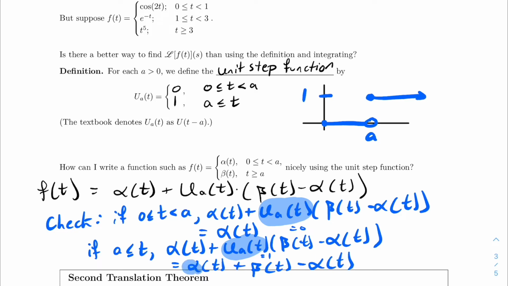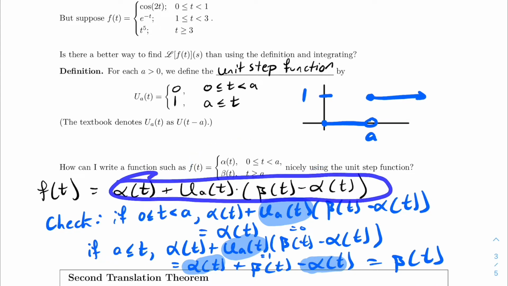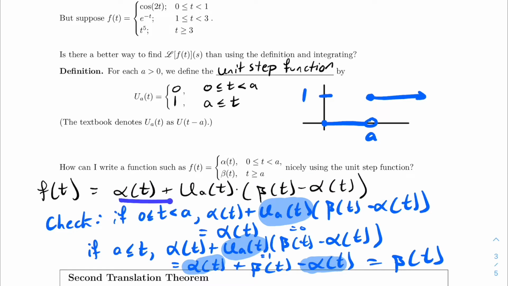Of course, this alpha of t and this negative alpha of t just cancel, and we're left with beta of t. So, to summarize, if t is between 0 and a, this formula gives us alpha of t, and if t is greater than a, it gives us beta of t. So this can be rewritten more simply, without any cases, as just this combination of functions.